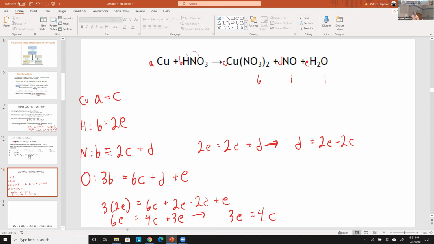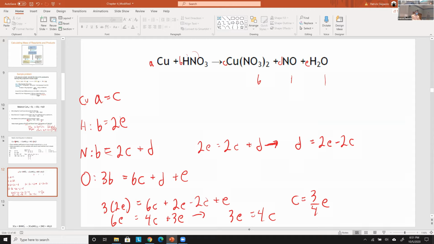That's great. That means if we solve for C, we know that C equals 3 over 4 E. Or there's many ways to solve this in your head.